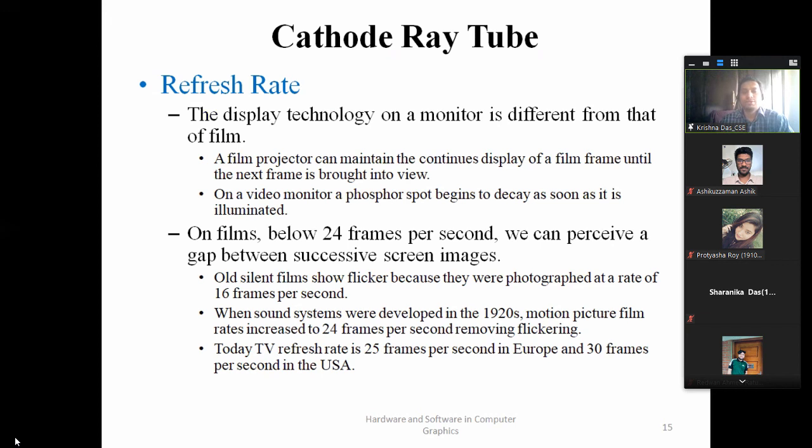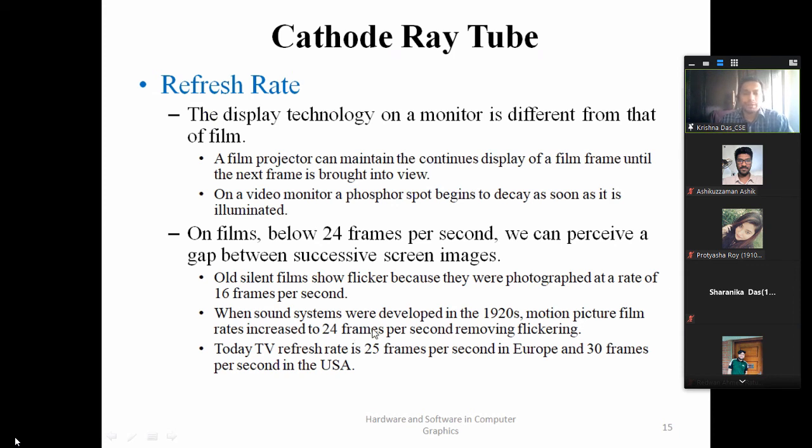Because when it was taken at 16 frames, that was the natural speed of his walking. But when it was played at 24 frames, it became very quick. In those Charlie Chaplin films everyone is moving very quickly. That is the effect of the upgrade from 16 to 24 frames.